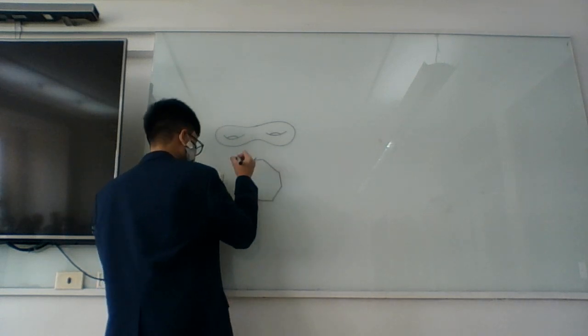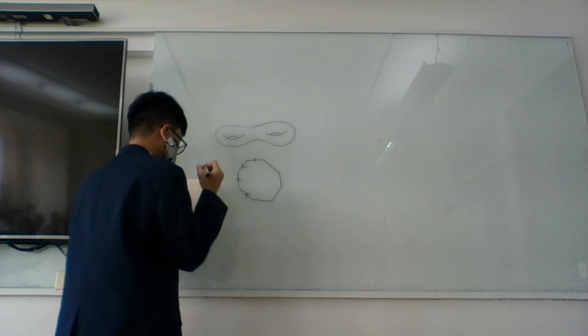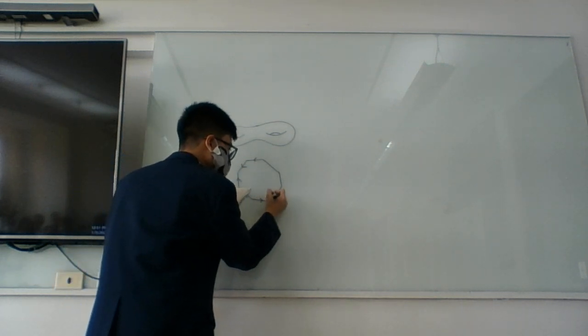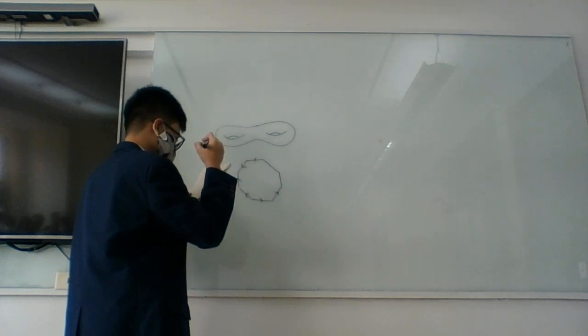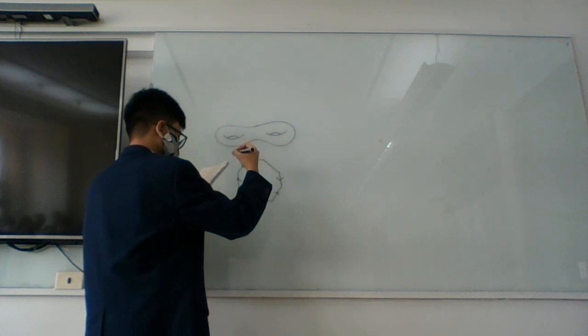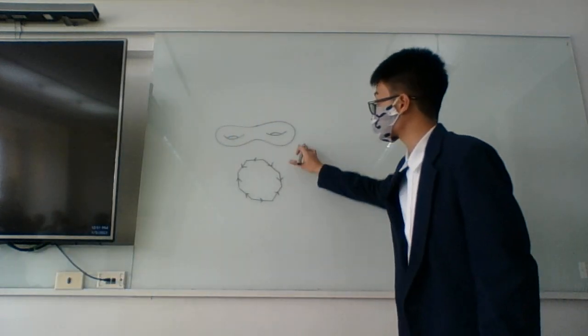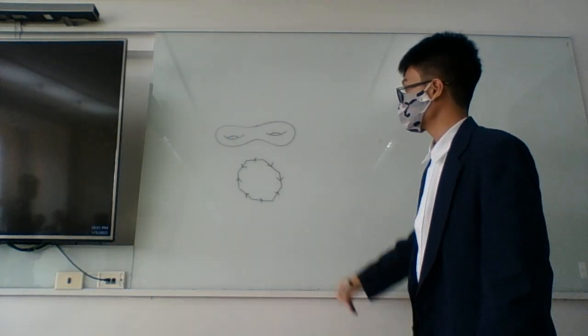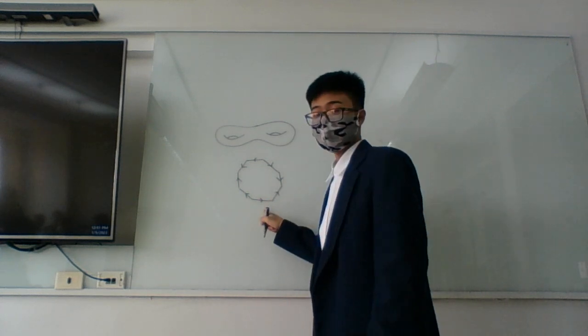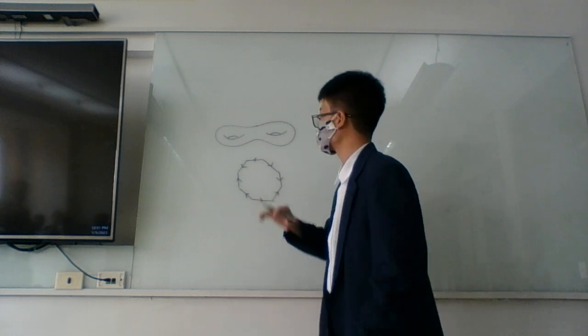So this, and then like this, that, this, like this, and then like this, and then like this. So this is the identification space of this space. So we just grab each side with the same arrow pointing, and then we connect them, and then we eventually get this.